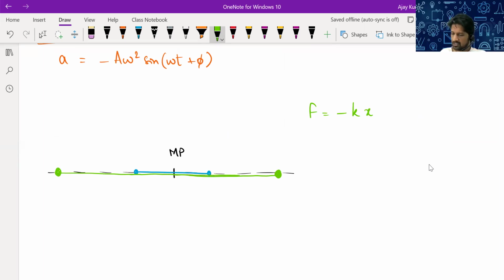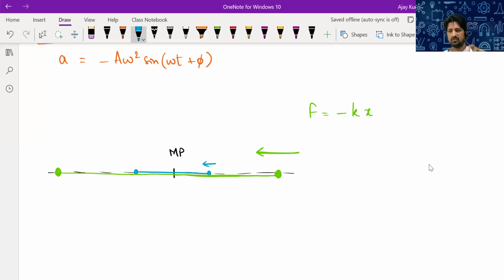For the green particle, the displacement from the mean position is much larger, so much stronger forces will act on it, which will make it accelerate faster than the blue particle. So whether it's the blue one or the green one, if the restoring force law is the same and the masses are the same, they will take the same time to oscillate.